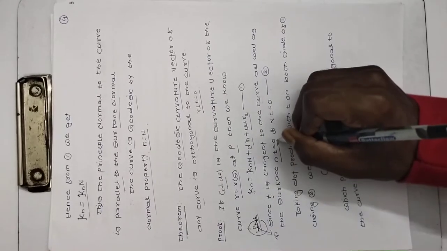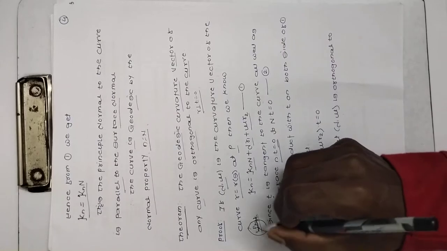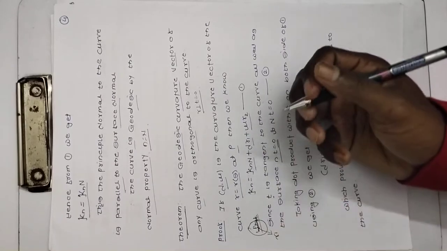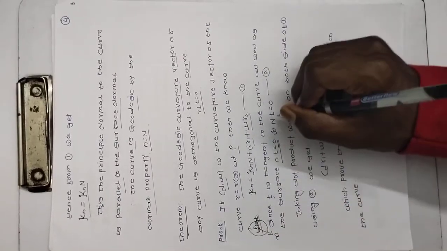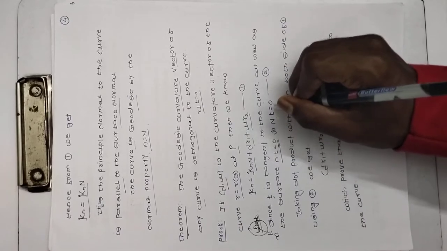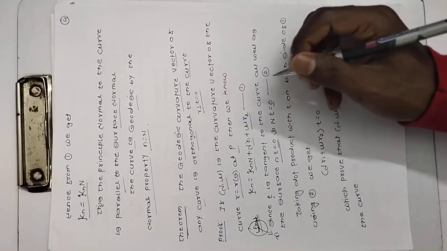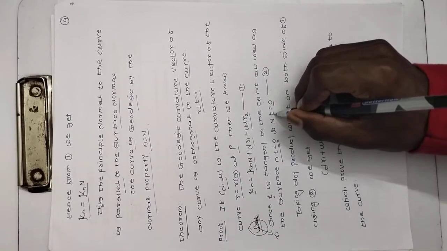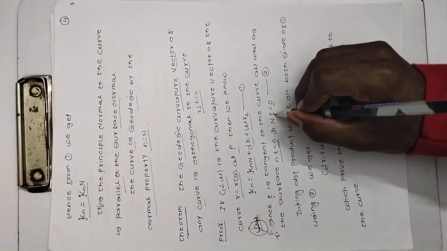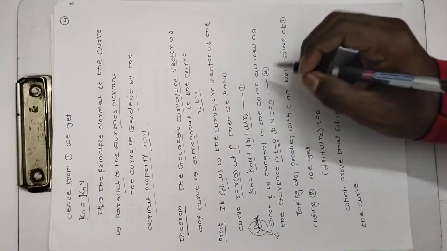So both, the dot product of t and r1 is 0, means r and t are perpendicular to each other. It must be 0. And capital N dot product with t is equal to 0 means what? Capital N and t are perpendicular, or orthogonal, to each other. So it must be 0, equation 2.